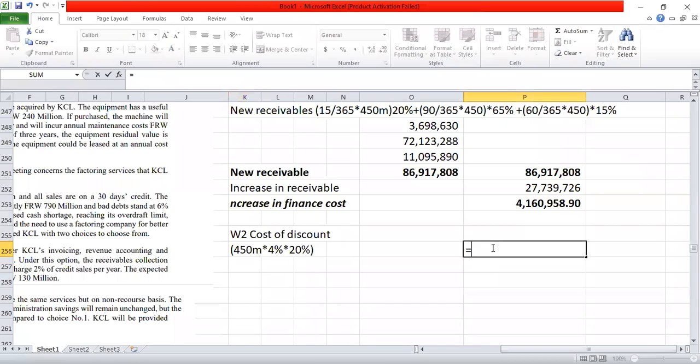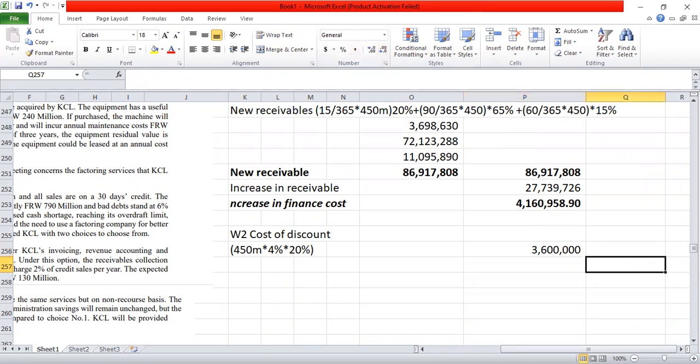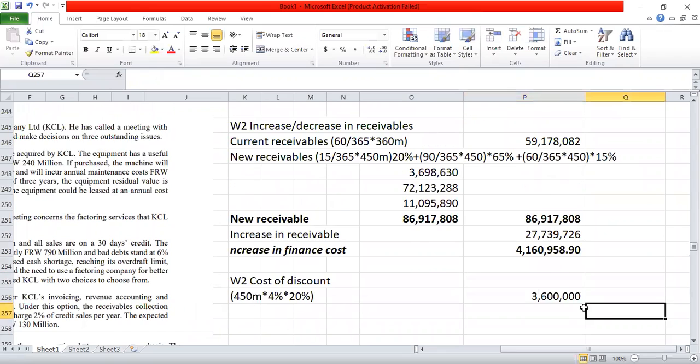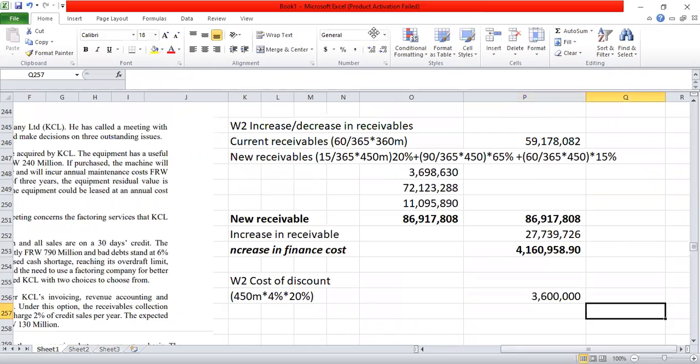So our discount cost will be 450 times 4% times 20%. So now after calculating, I think I've finished all the costs that I needed.